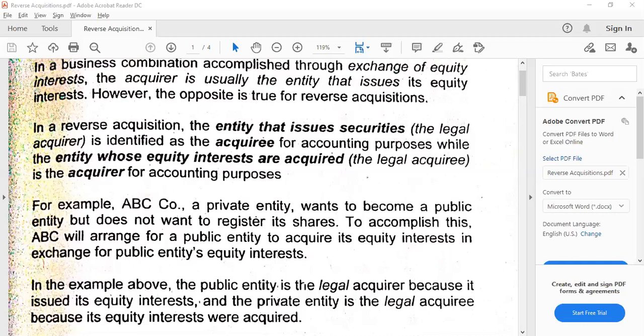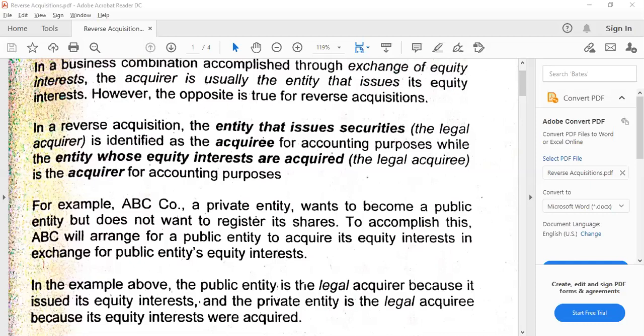So that can result in disadvantage on the part of both entities. So not only with the private entity, but also with the public entity that acted as the one to acquire the private entity. All right, so that's how it goes.